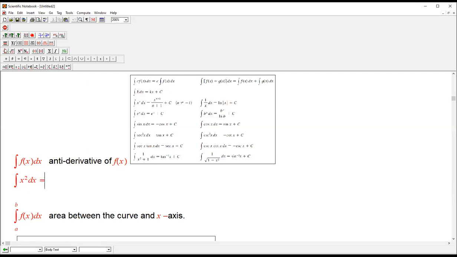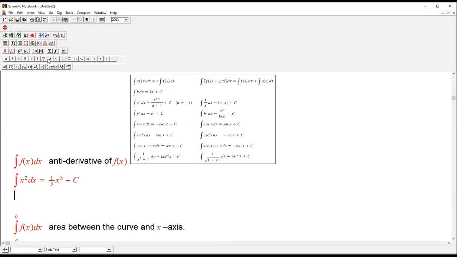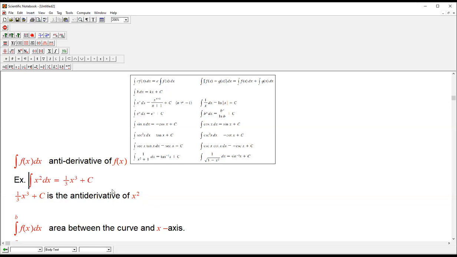And we know its antiderivative is 1/3 multiplied by x raised to the power of 3, plus a constant. Okay, so here you need to understand that this piece, of course the constant c is any real number, is the antiderivative of x squared. So let that be an example. Okay, so example number 1.